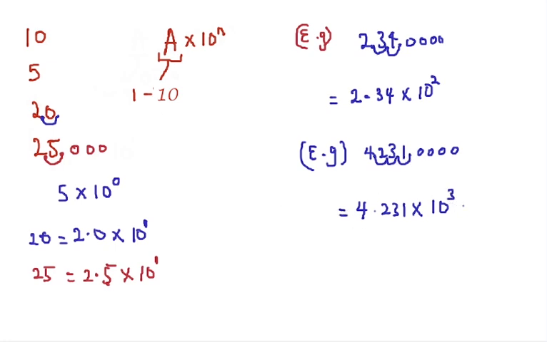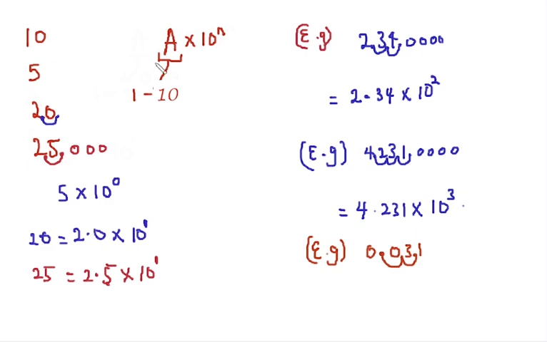Now for another example, let's say we are looking at 0.031. In this case, we already have a point here, so we're working with the point that we already have. This number does not fall into the range of 1 to 10. To make that happen, we move the point to the right. If we move it once, this becomes 0.31. If we move it again, it becomes 3.1.